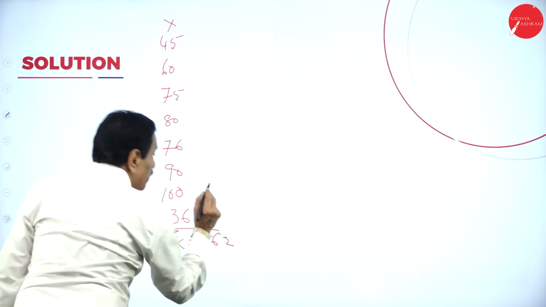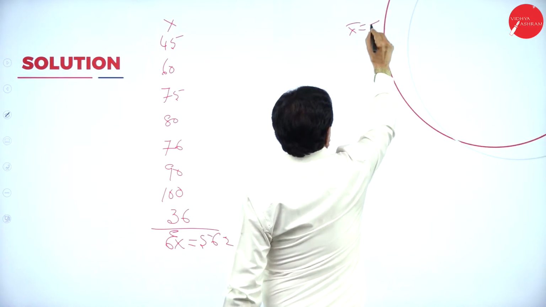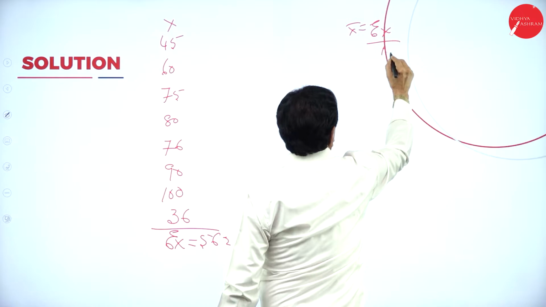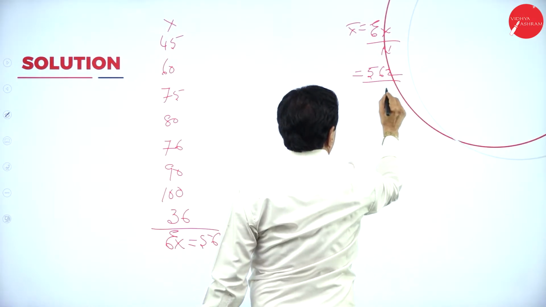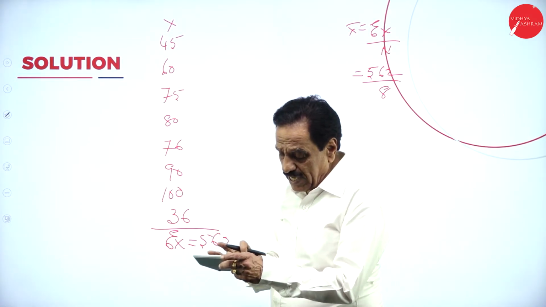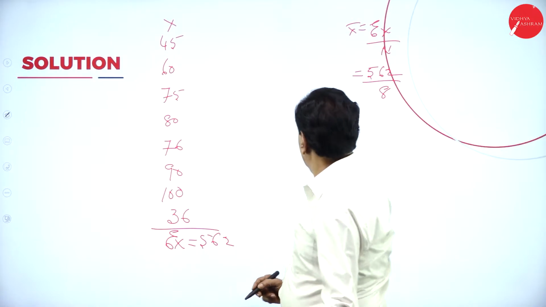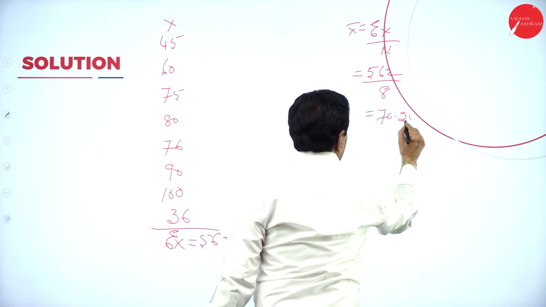Here mean is equal to sigma x over n. This is 562. How many terms are there? 8. So 562 divided by 8 is equal to 70.25. This is your average.